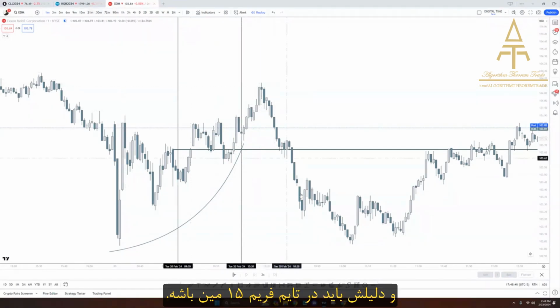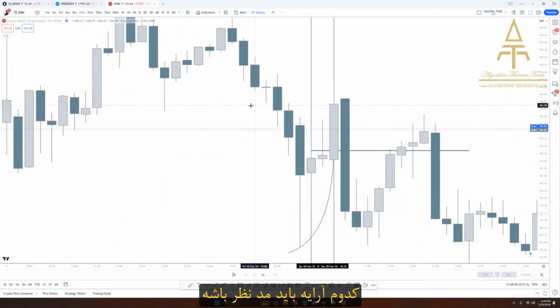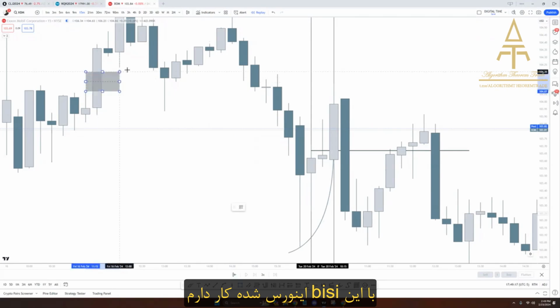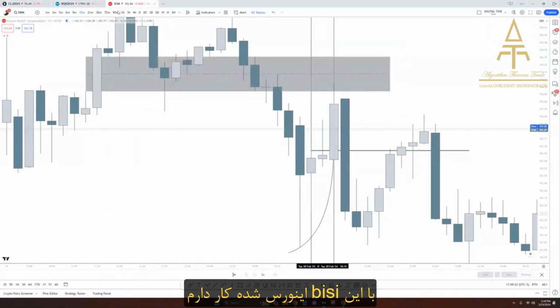Why? Because, again, you must be observing the 15-minute time frame. What is happening here? What PD array must we be observing? There is an order block here, bearish order block, but I will personally be observing this BISI inversion for an entry.